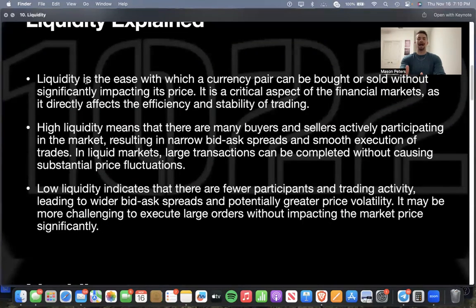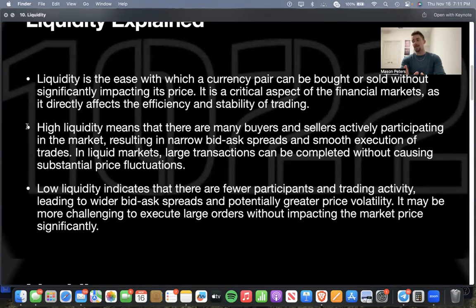It is a critical aspect of the financial markets as it directly affects the efficiency and stability of trading. High liquidity means that there are many buyers and sellers actively participating in the market, resulting in narrow bid and ask spreads and smooth execution of trades. In liquid markets, large transactions can be completed without causing substantial price fluctuations.